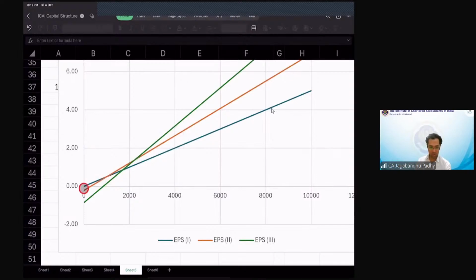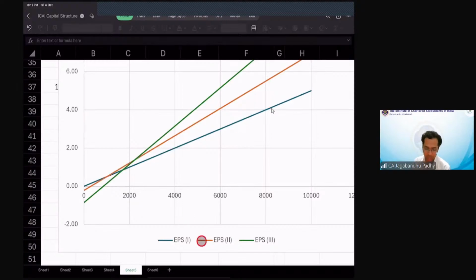So this blue line is actually indicating the first plan. Can I say where is the starting point of the first plan? Can I say 0? You start from 0, and whatever sale, whatever EBIT is generated, that contributes to your profit. That just keeps on increasing linearly.